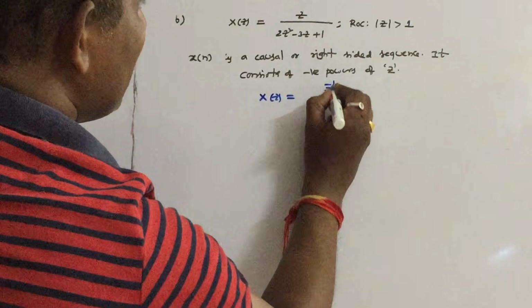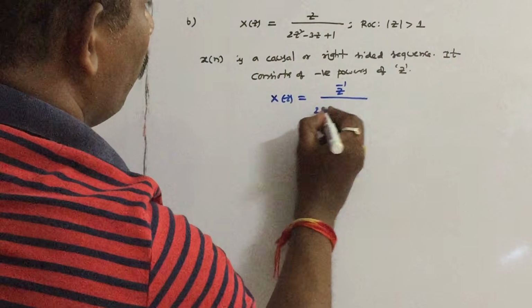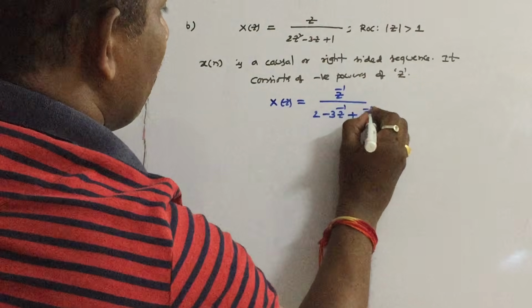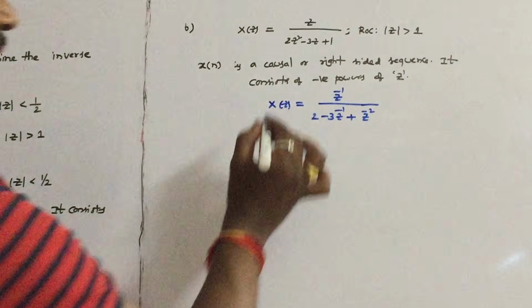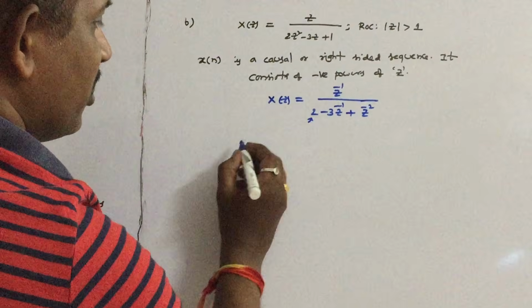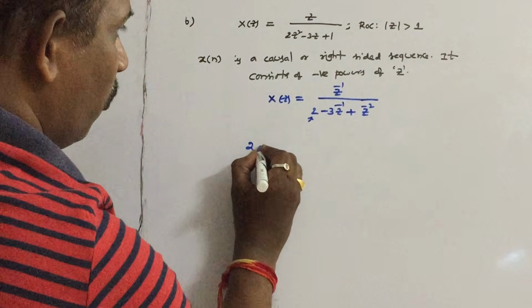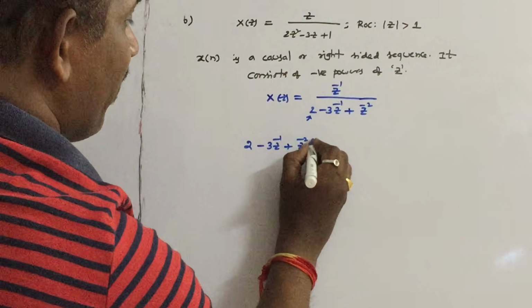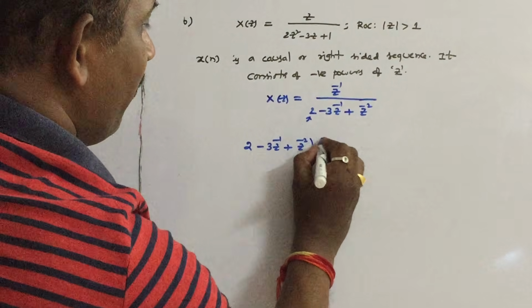It will become z power minus 1 over 2 minus 3z inverse plus z power minus 2. So to get a causal or right-sided sequence, always start with the constant. So therefore 2 minus 3z power minus 1 plus z power minus 2. The numerator is only one term, keep it as it is.